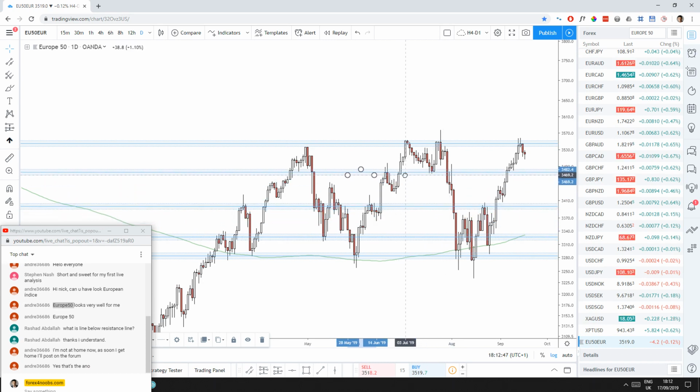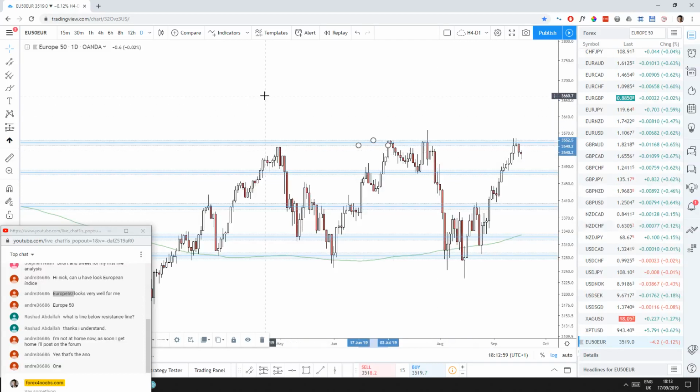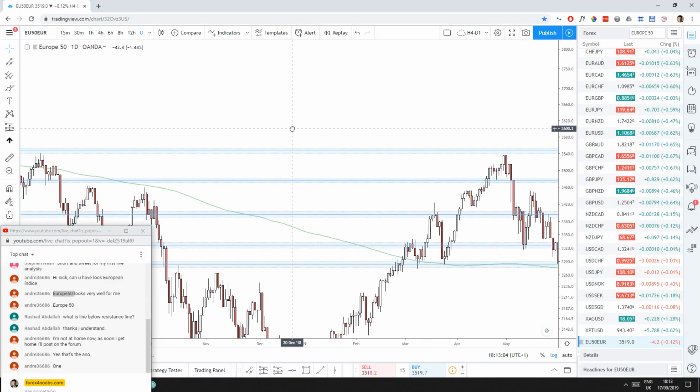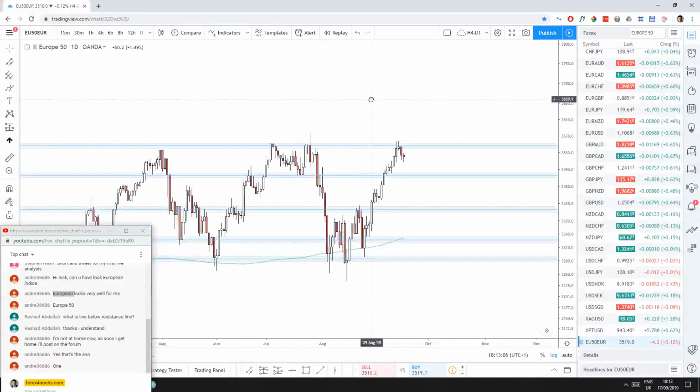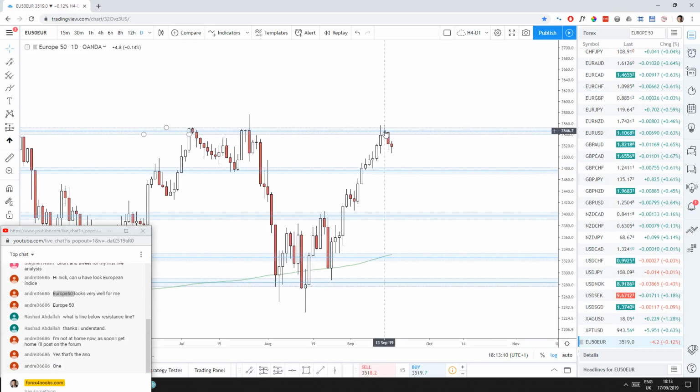Not sure about these support resistance areas. I'm going to use them for now as a rough guide and then adjust them later. Yeah, it does look like price is at resistance, and it is bouncing away from resistance.